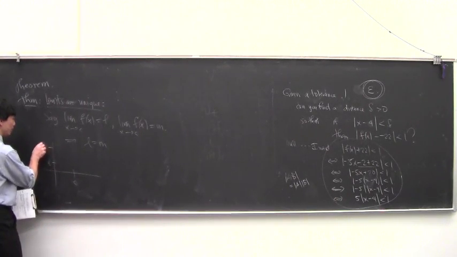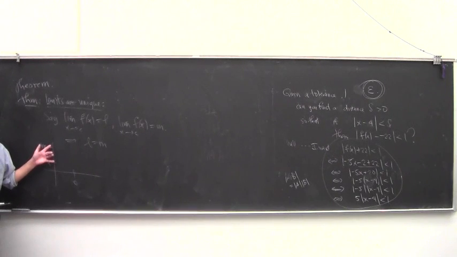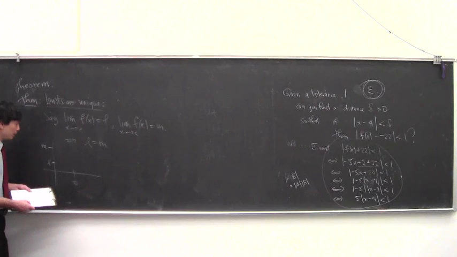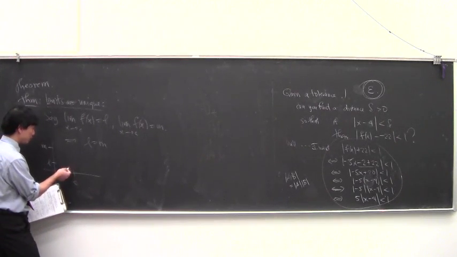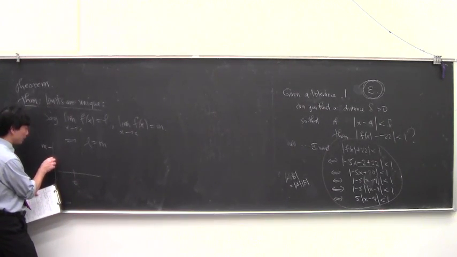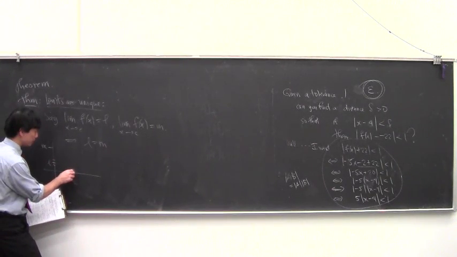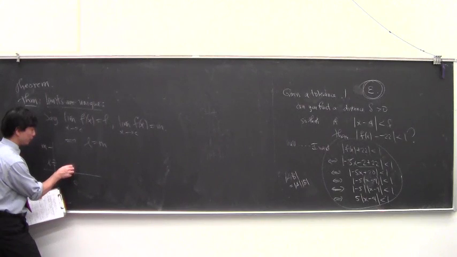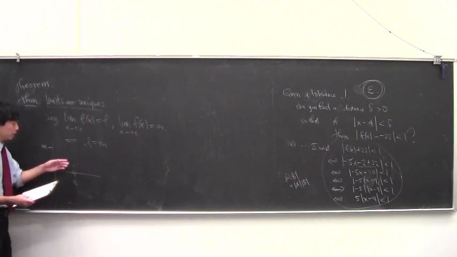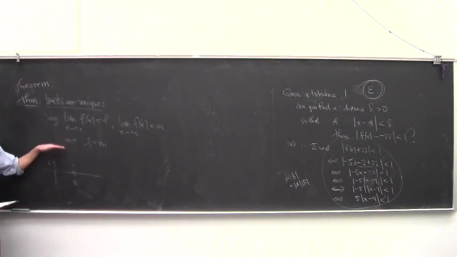If there are two numbers that people claim to be the limit, then I'm going to take this as my tolerance. If this is my tolerance, then I can find a neighborhood where all the values lie within that tolerance, and they're far away from M. And so this M couldn't possibly be the limit.